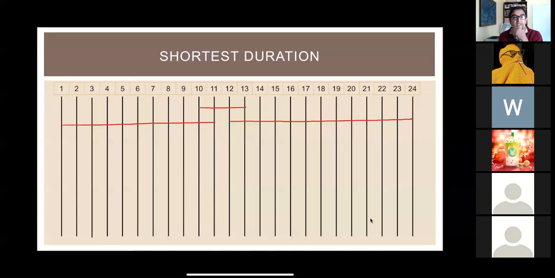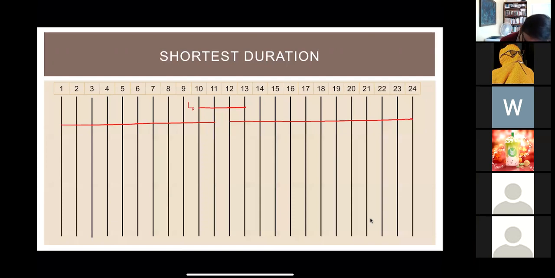Here we have three intervals. What is the best possible solution? How many events can we get in there? We can get two of them, right? And what will the shortest duration strategy do? It'll say, oh, the shortest duration is this one, let's take that. And the minute you take that, it knocks out the other two.